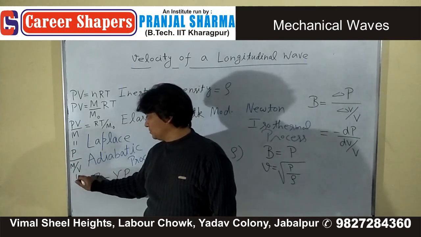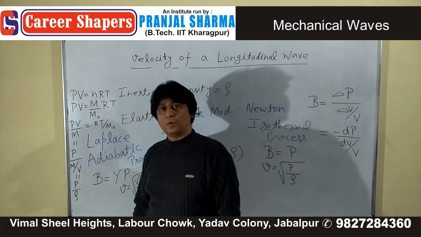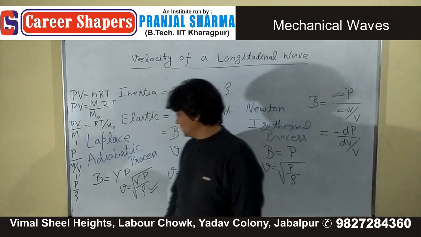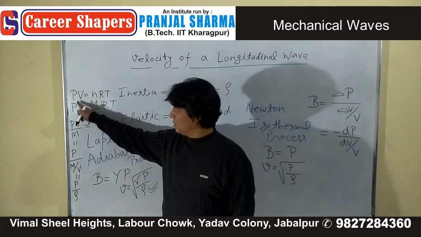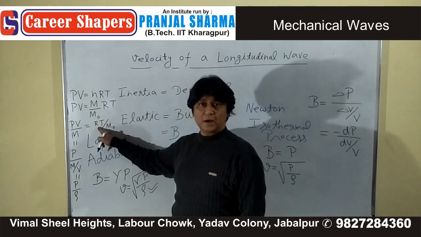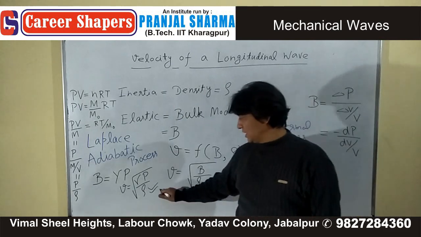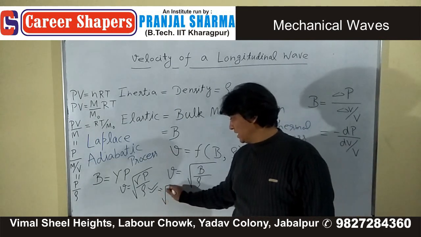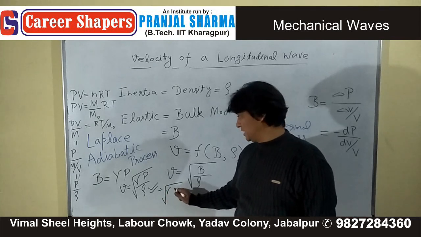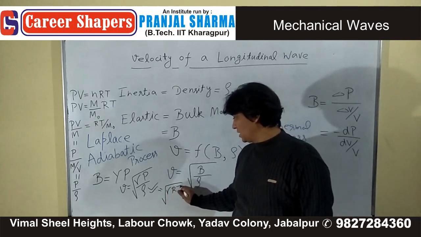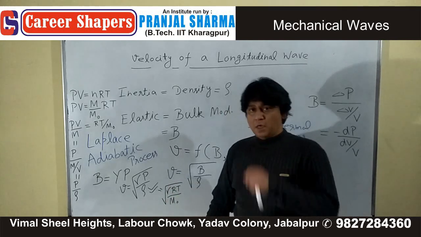Mass upon volume is density, rho. And therefore, P upon rho becomes RT divided by M naught. And this formula of V should also be remembered in this form: root over gamma, adiabatic gas constant, multiplied by RT divided by M naught.